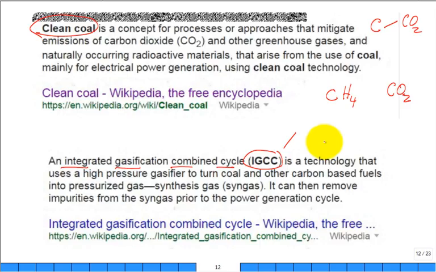This one's interesting because you're going to burn coal, but the way you're going to burn it, you're going to pulverize it, mix it, and turn it into a synthetic gas like natural gas. In that form, it was a little easier to clean it, get out the mercury and sulfur and any other ash type things, and then it was a little easier to have clean emissions. So anyway, you'll see a lot of these terms kicked around.